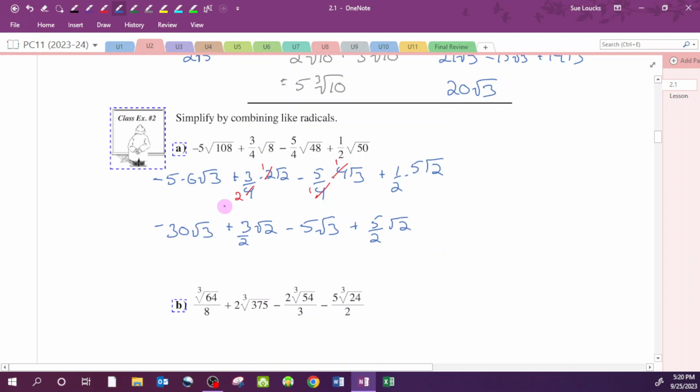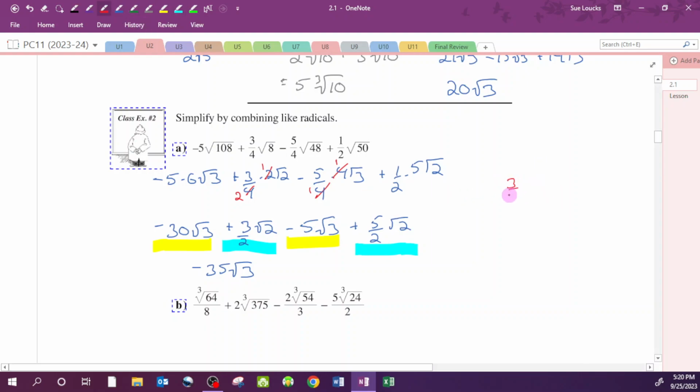And then I can go minus 30. So I've got my root 3 terms are the same. So I've got minus 30 root 3 minus 5 root 3 is minus 35 root 3. And then I've got these other like terms here. But I've got fractions, and those are ugly, so I'm actually going to go over to the side and do my fraction calculations.